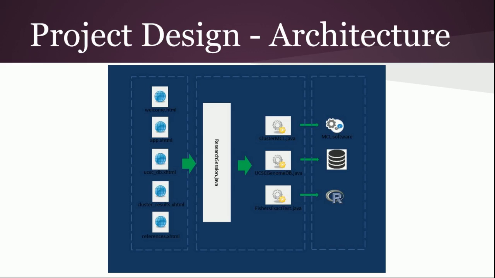And you can summarize from the names. They're pretty descriptive of what each of those specialized classes do. The ClusterMCL.java communicates with what I call the third tier, the platform tier. It communicates with the MCL software on the platform to provide the MCL clustering.